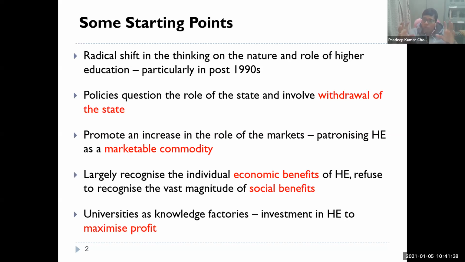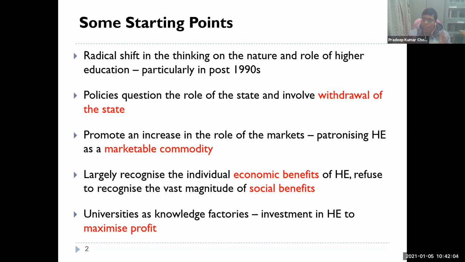The entire discourse post-1990s promoted an increase in the role of the market in the provisioning of higher education. I'm saying higher education in this lecture, but I mean education in general. I'm not getting into school education in this particular lecture, but school education also faced a similar growth in the presence of the private sector.